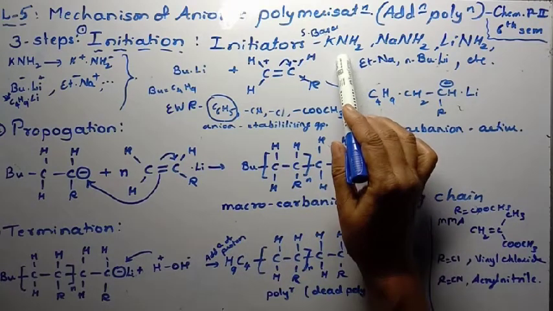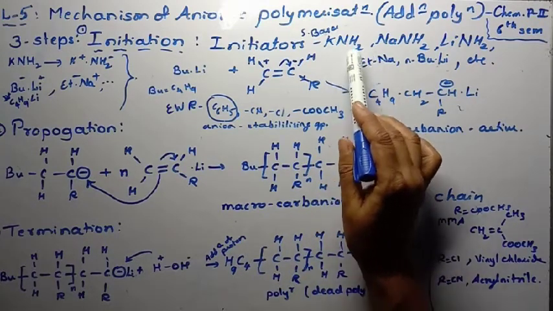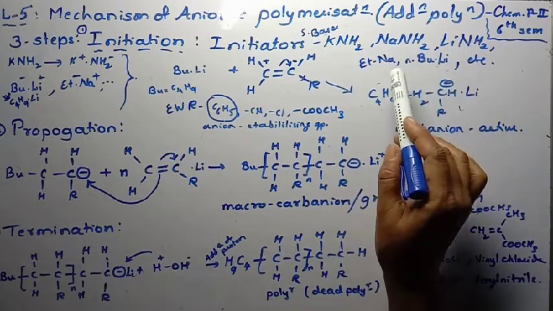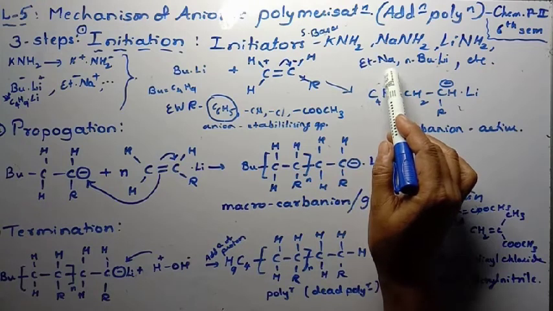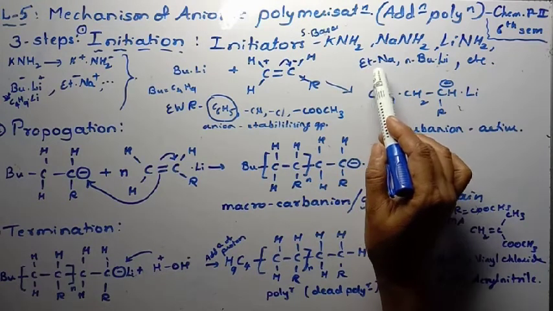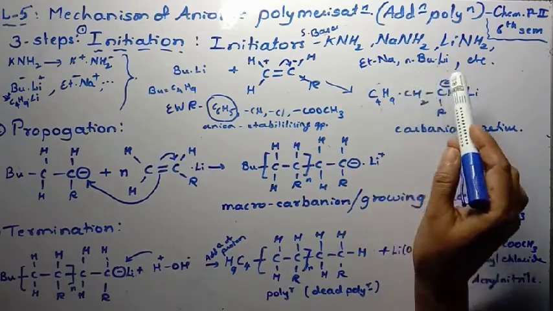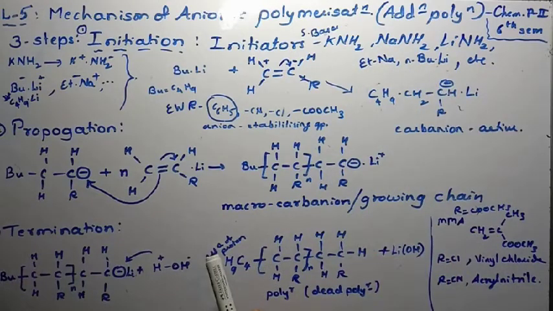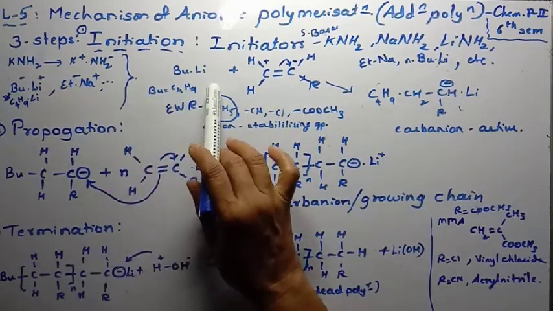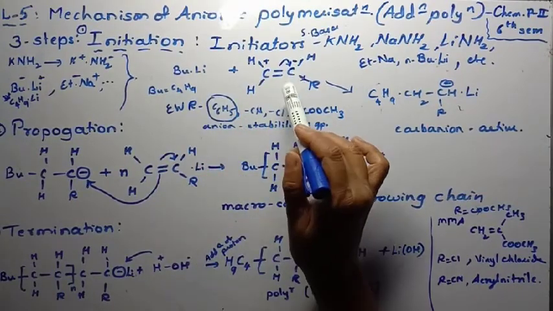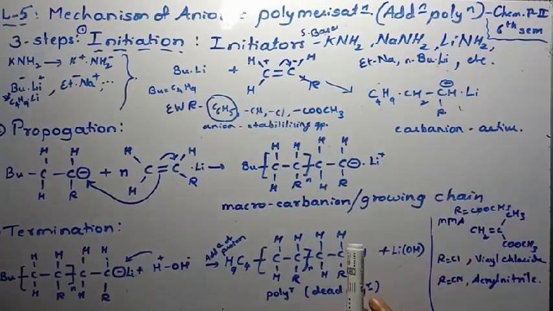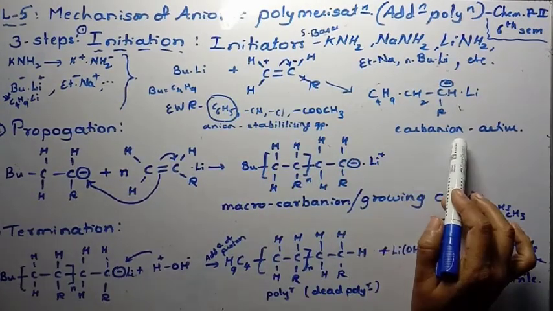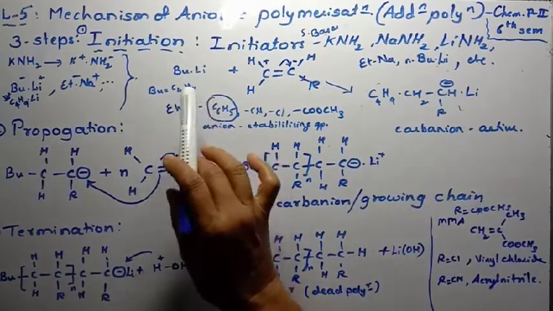The bases are like alkali amides, potassium amide, sodium amide or lithium amide, or organometallic compounds like ethyl sodium or butyl lithium, etc., which are used as initiators. Now when the initiator is made to react with the monomer, there is a formation of an active carbon anion. For example, butyl lithium is used.